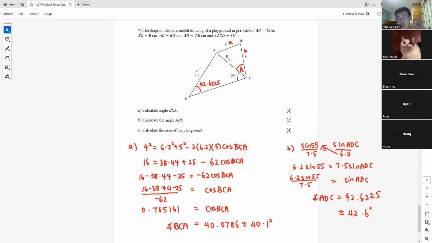Okay, so last but not least, I want to find area of the playground. So to find area of playground, the formula is half ab sine C. The a and b must cover the C. So I find the area of ABC first, this one. So I only got this angle. So I have to use 6.2 and 5 as the sides.